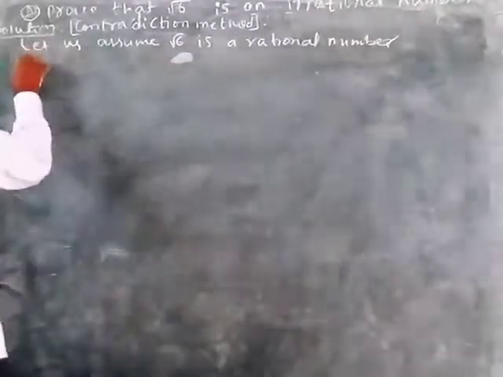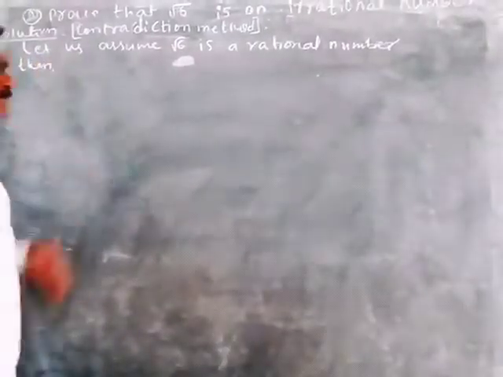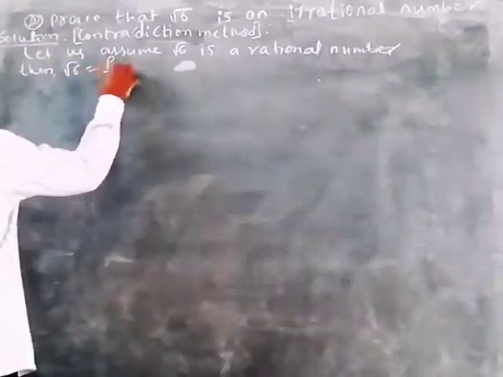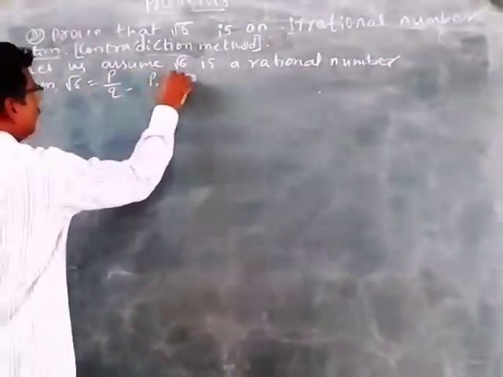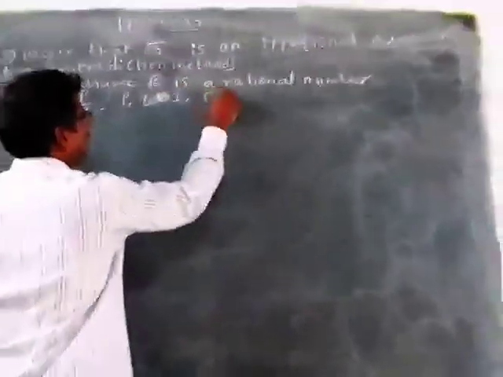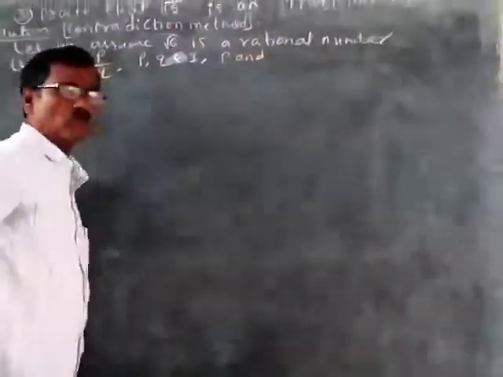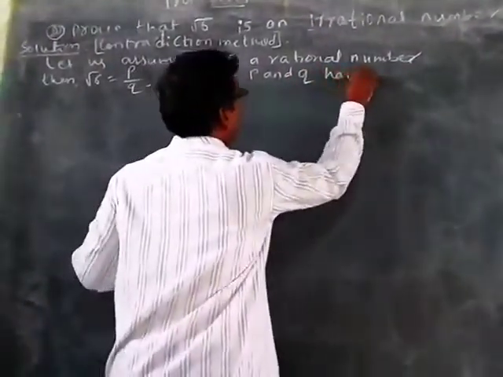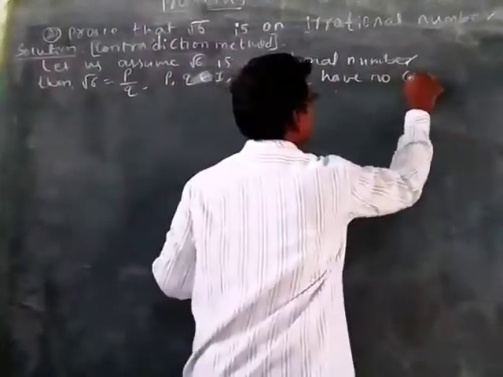So then, as it is a rational number, by the definition of the rational number, root 6 is equal to P by Q, where P and Q belong to the integers and P and Q have no common factors.